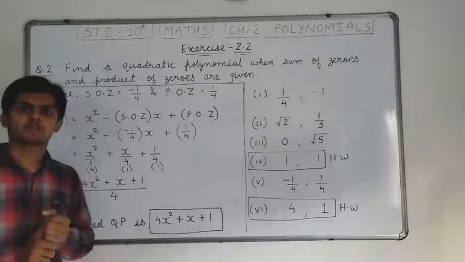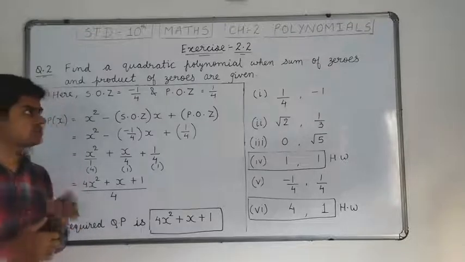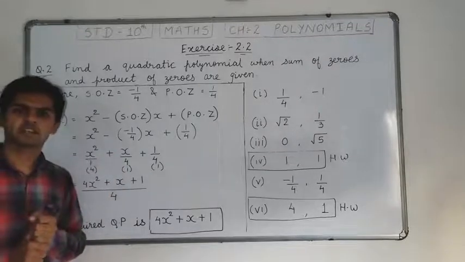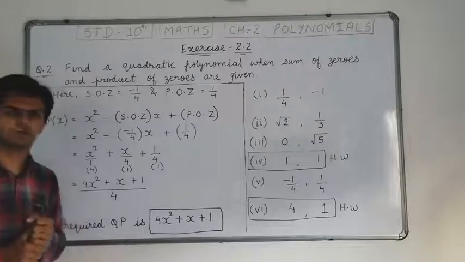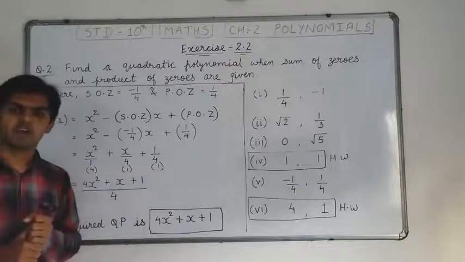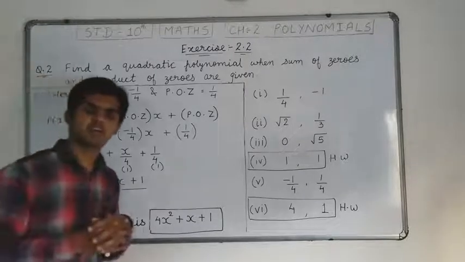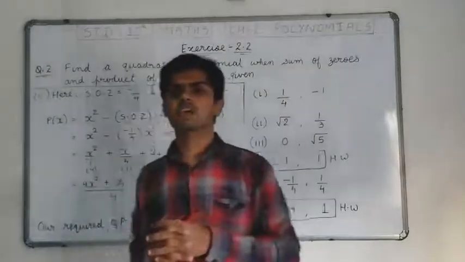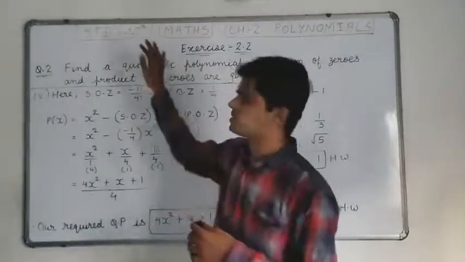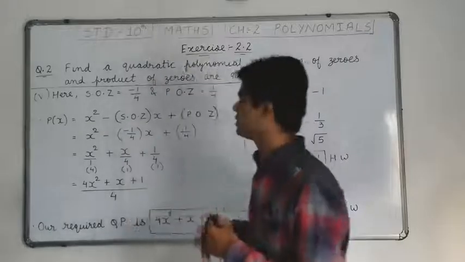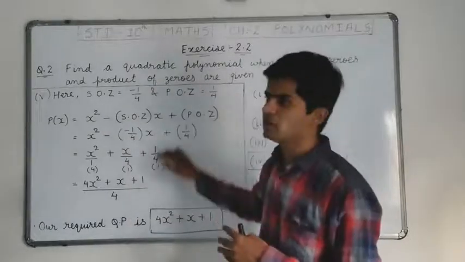From the next lecture, we will start with the last exercise of your NCERT textbook, that is 2.3, which you had already studied in the 9th standard. That exercise is about division. In 9th standard you might remember that we had studied division.